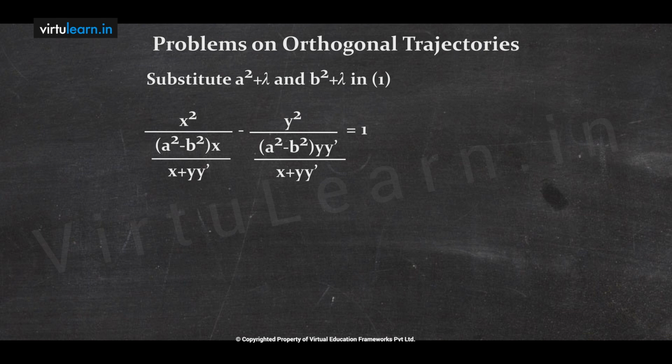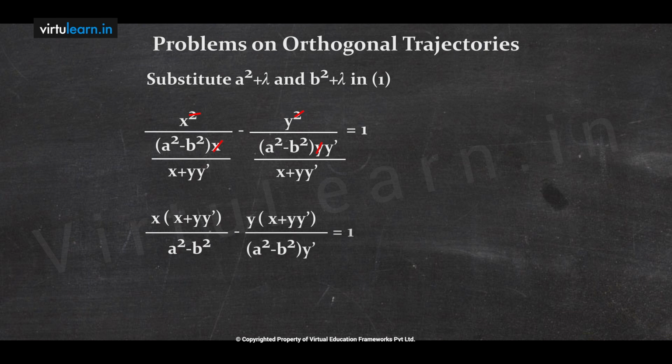Then here x square is there, here x is there, x cancels; in this y square is there, y cancels. Then after modification: x into x plus y dash by a square minus b square, minus y into x plus y dash by (a square minus b square) y dash, equals 1.